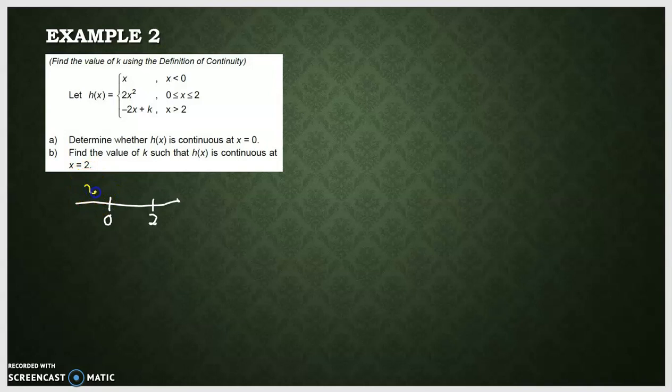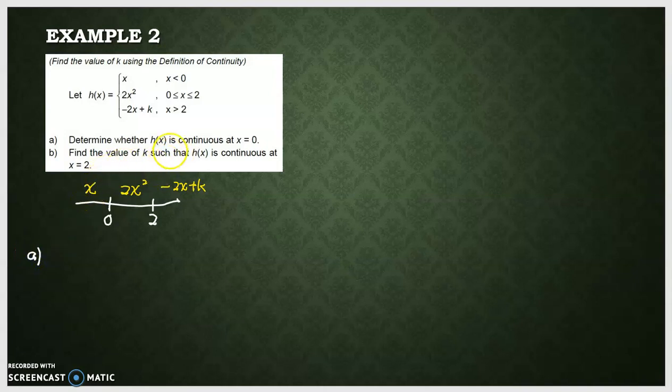When x is greater than or equal to 0 but less than or equal to 2, the function is 2x squared. When x is greater than 2, the function is negative 2x plus k. So now we start to answer question A.